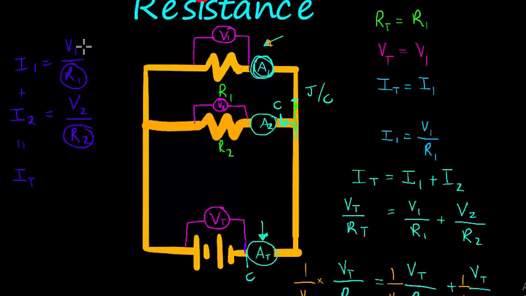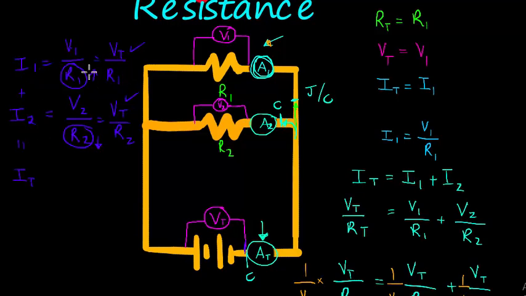So this is the same as saying take V total divided by R1 and take V total divided by R2. So the two branches don't have different voltage readings, but they might have different resistor readings. So if resistor 1 is bigger than resistor 2, we're increasing the denominator, which means same numerator but different denominator, which will mean different currents.